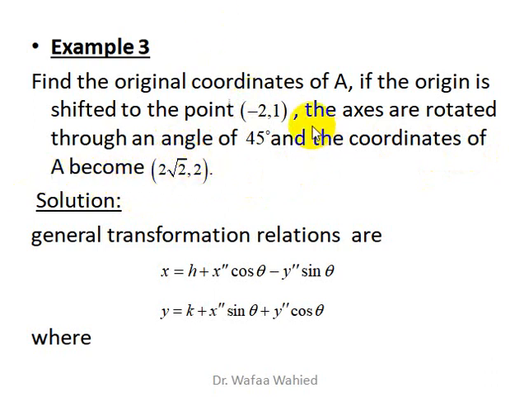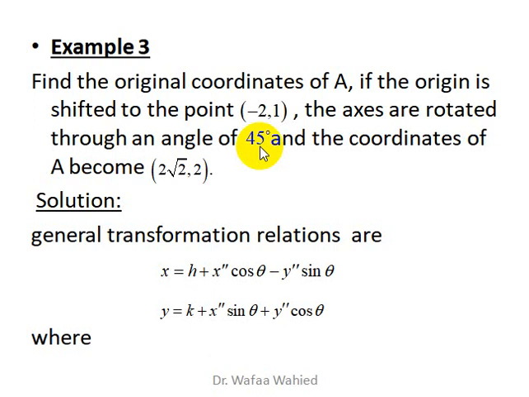From this example, we understand that we will do general transformation of axis. First step, we will shift the origin from the point O 0, 0 to the point -2, 1. Second step, the axis is rotated through an angle 45. So in this example, we will do general transformation, translation and rotation. First, we will do transformation of axis.